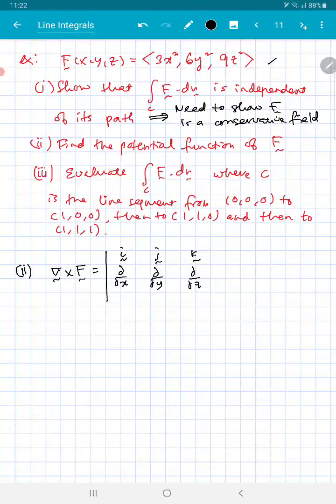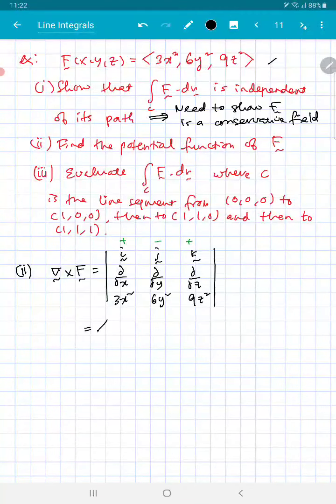And the third row would be the components of F, which are 3x squared, 6y squared, 9z squared. So we need the determinant of this, and remember the signs alternate: plus, minus, plus. Some of you can do this very quickly.